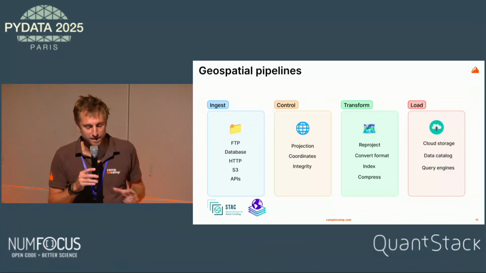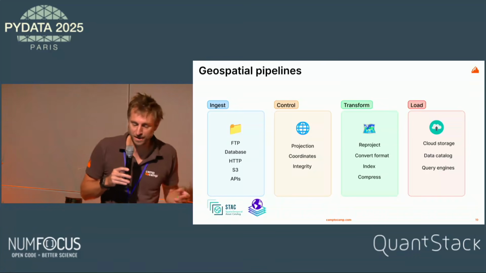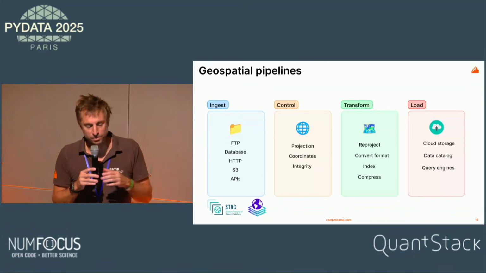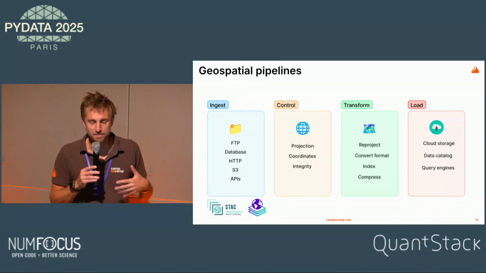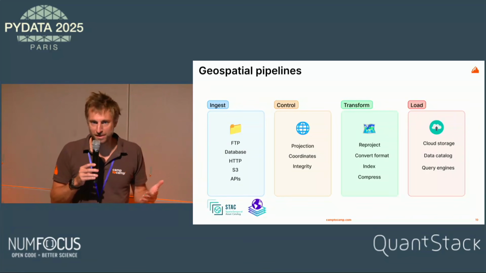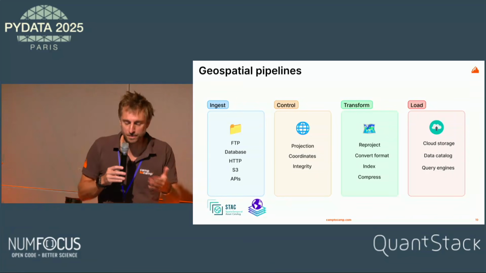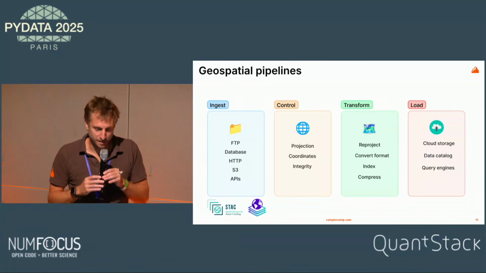Here I mentioned STAC because STAC is a geospatial API which helps to find geospatial assets and datasets such as imagery, but also Parquet files. And I mentioned Overture Maps also because many pipelines or processes use OpenStreetMap data, or an extension of OpenStreetMap, Overture Maps data, to have worldwide data.